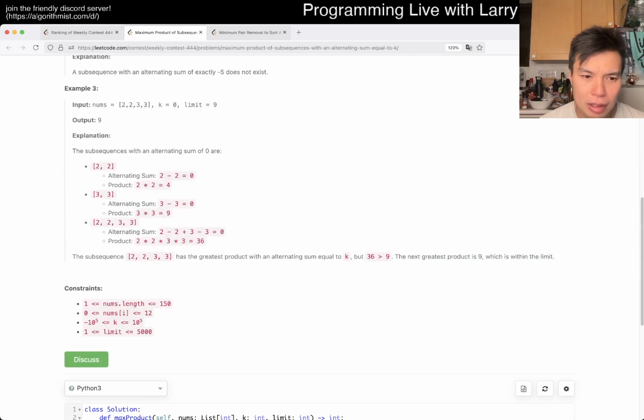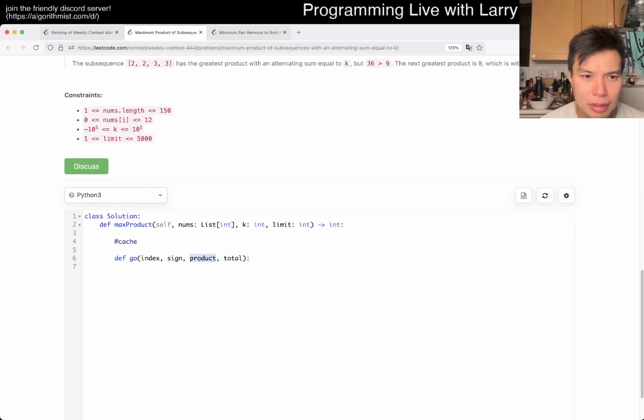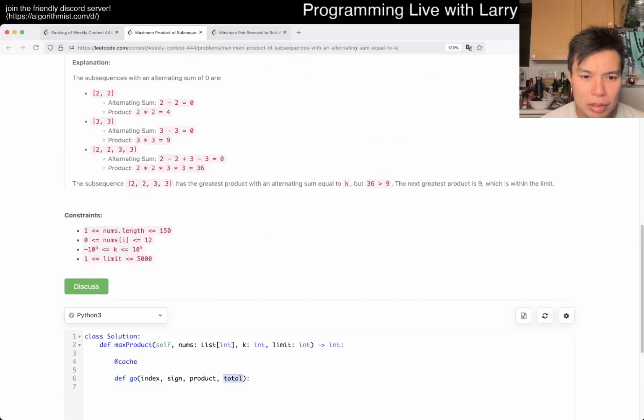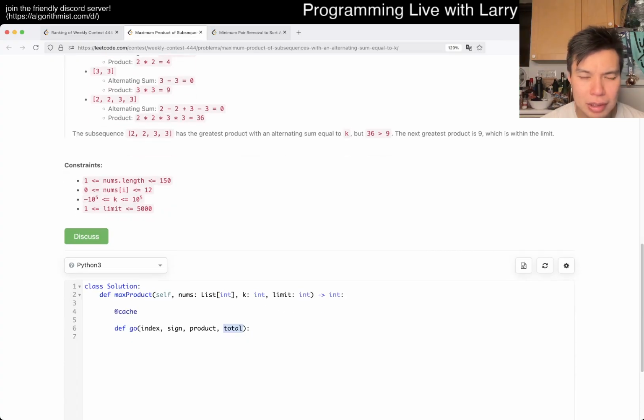Complexity wise, the limit and the current total are a little bit awkward as well. The total is not, I mean, it's 150 times 12, like 1,800, so it's like 2,000. But actually that's not even possible because it's alternating. But then you could get maybe negatives. What is the maximum possible sum, right?